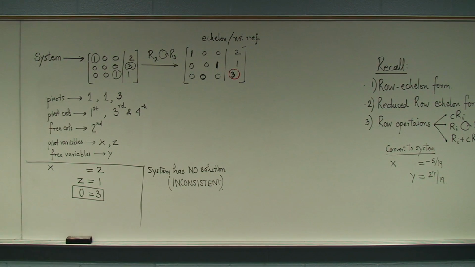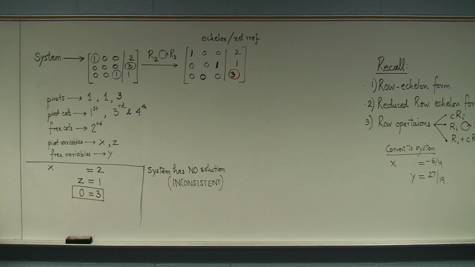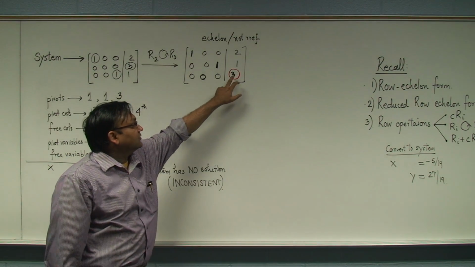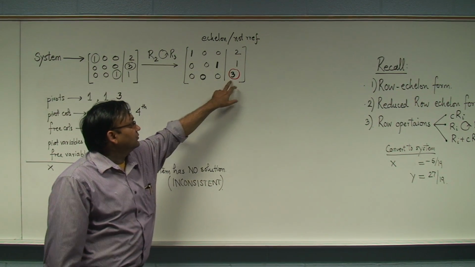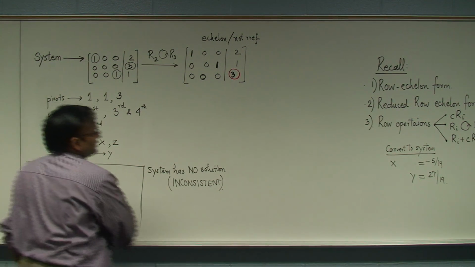Whenever that happens, the pivot is in the right-hand side column of the augmented matrix. Can we say that a situation like 0 is equal to 3 is bound to occur? Not particularly 3, but whatever this pivot entry is, it will be non-zero. So this will give me 0 is equal to non-zero, and that will tell us that the system is inconsistent. So let us note down this observation.